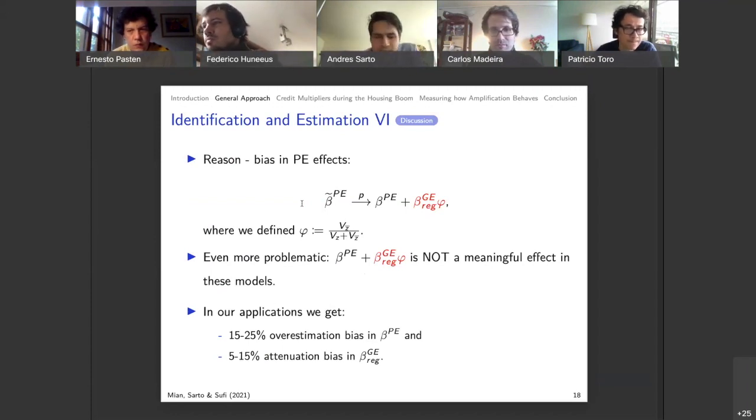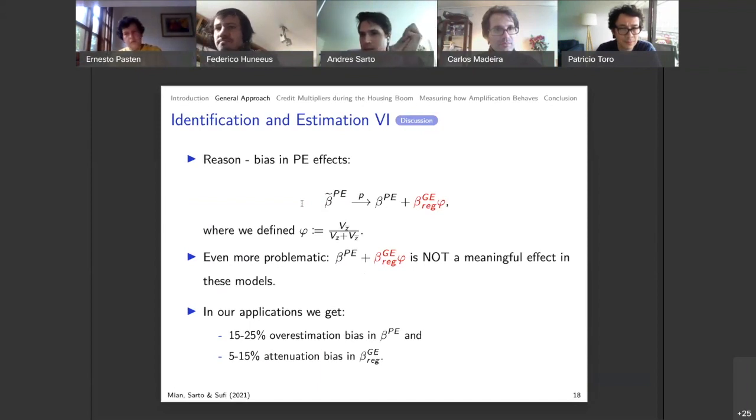If I understood your question correctly, I'm assuming a homogeneous effect. So any composition effect would be collapsed into the standard G effect that you would estimate, regardless of the econometrics you define in these models. Maybe I didn't get your question correctly, but I see it as the standard G effect that you would define in these models.